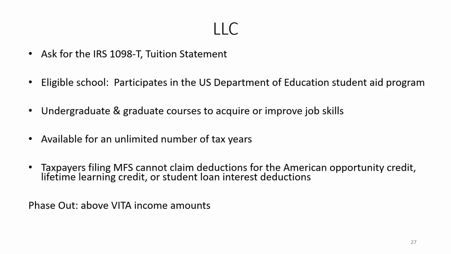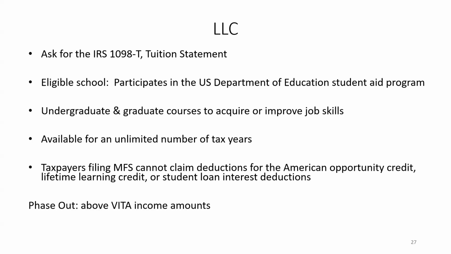And everybody's on the tax return. So let's say no one's eligible for the American Opportunity Tax Credit. This Lifetime Learning Credit has a maximum for the tax return, if you will. Again, that particular credit is taken if you're not eligible for the American Opportunity Tax Credit. And there is a phase out. There are many different types of phase out, and this phase out is above that VITA limit.